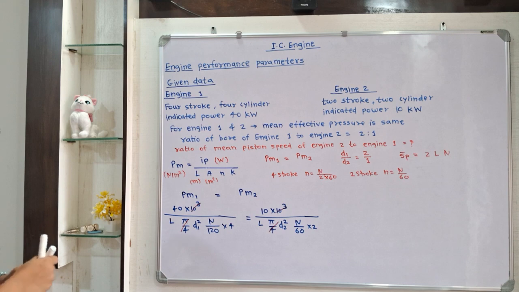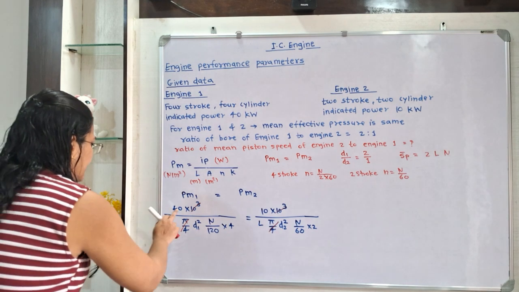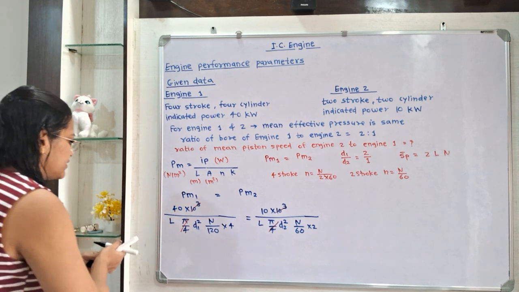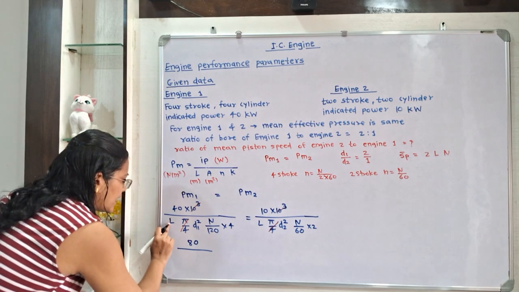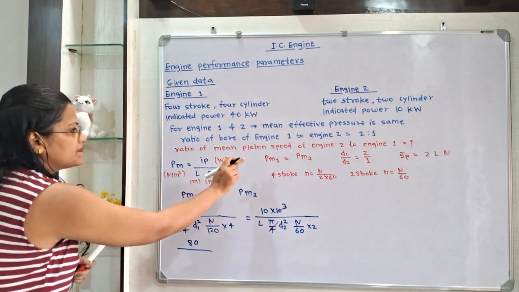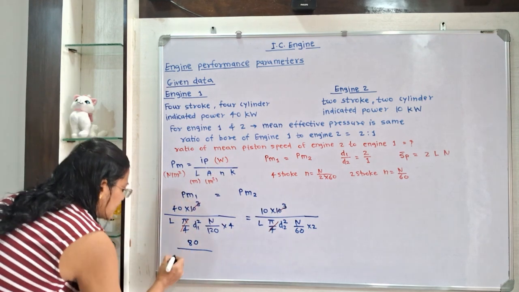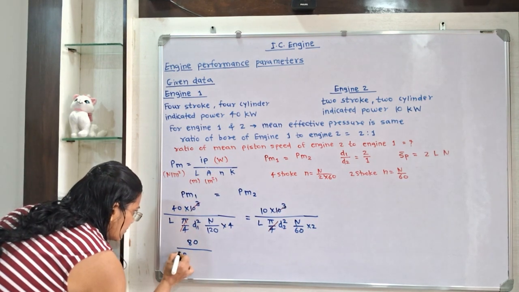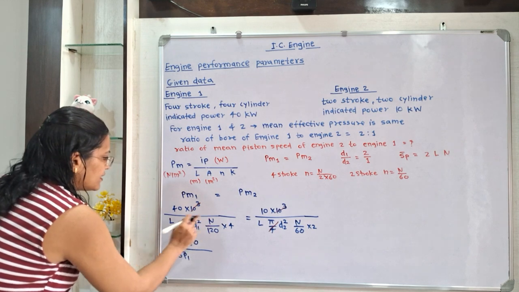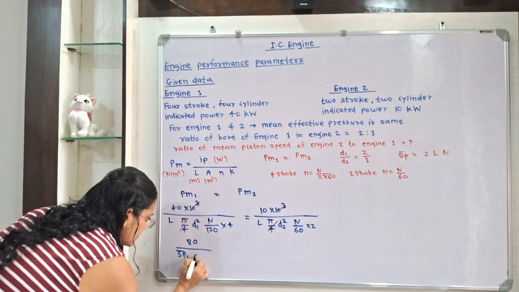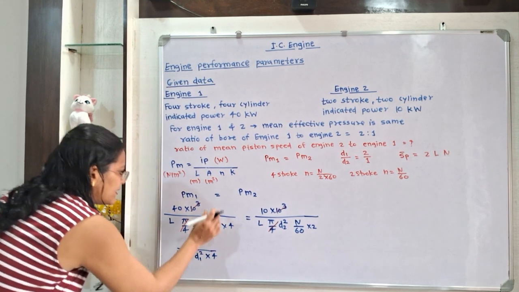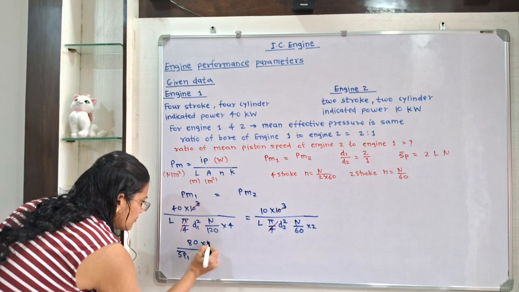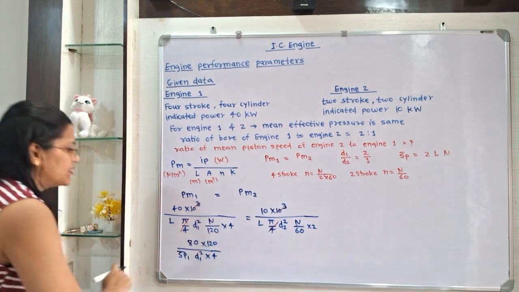When I multiply and divide by 2, it becomes 2 into 40, that is 80, divided by 2LN. I will write here SP1 bar, because for engine 1 it is SP1 bar. Then D1 square multiplied by 4, and this 120 I will transfer to the numerator because this is a denominator term.